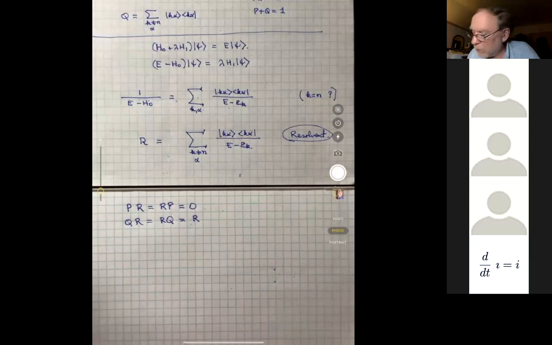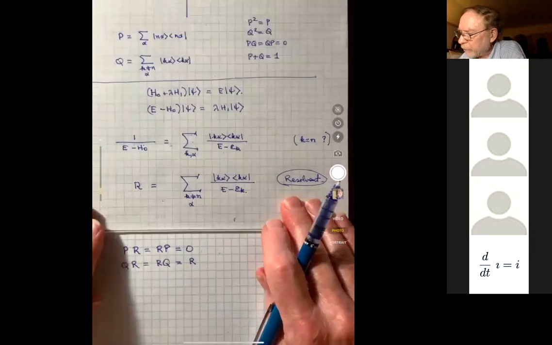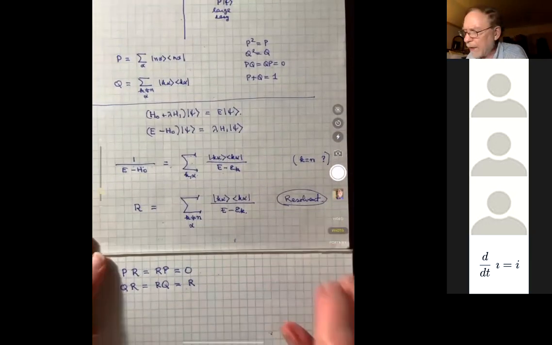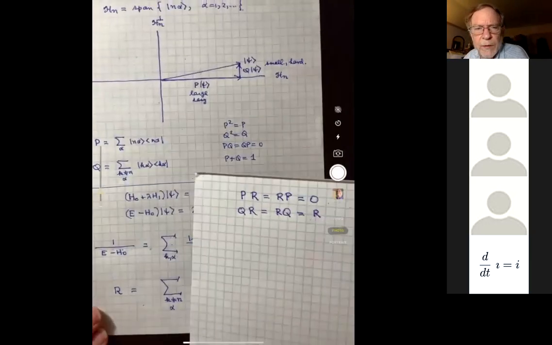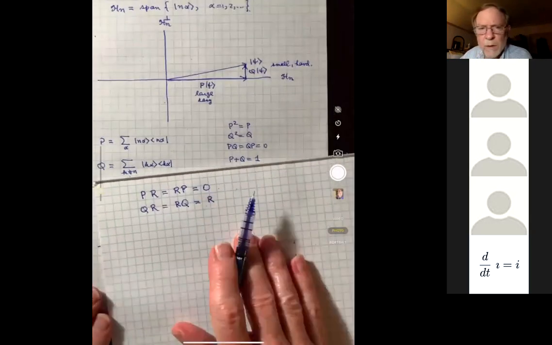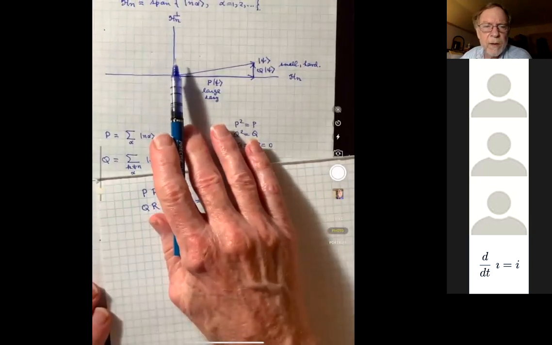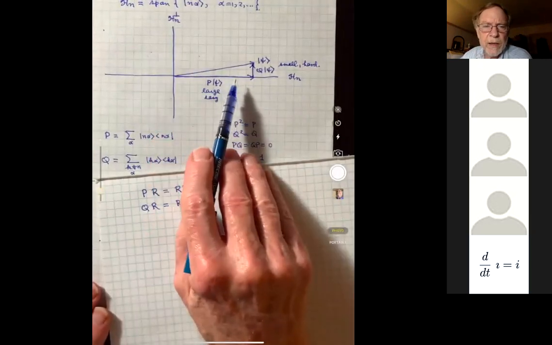All right. So what do these formulas mean? Well, they mean this. Let me go back to my diagram here. The operator Q is the projector onto Hn perp, and it vanishes on Hn.